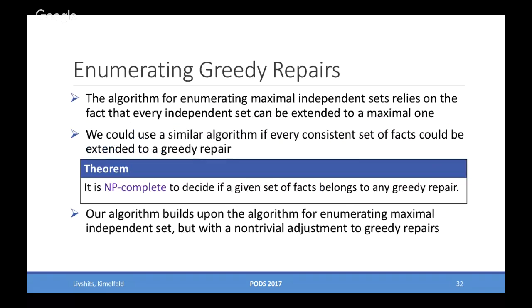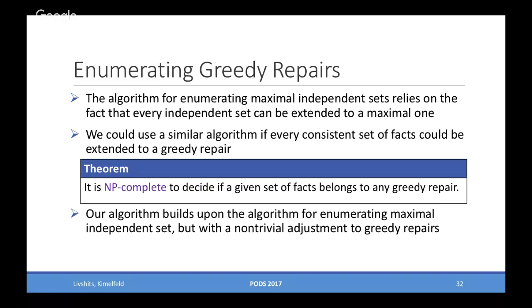Now, many enumeration algorithms are based on the algorithm for enumerating the maximal independent sets of a graph, but it doesn't work very well in our case because the correctness of the algorithm for enumerating the maximal independent sets relies on the fact that every independent set can be extended to a maximal independent set, just by adding more nodes. And it works for subset repairs because any consistent set of facts can be extended to a subset repair, again, just by adding more facts.